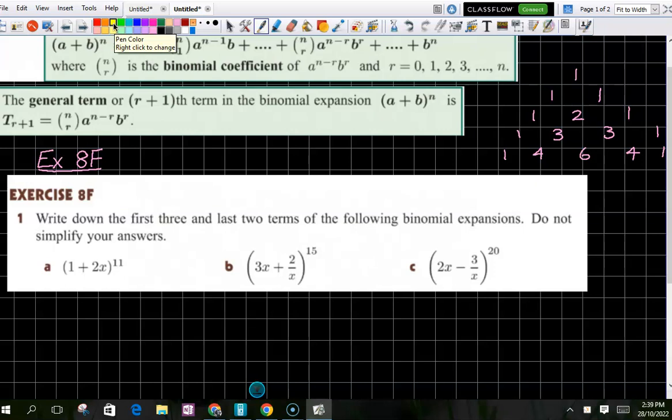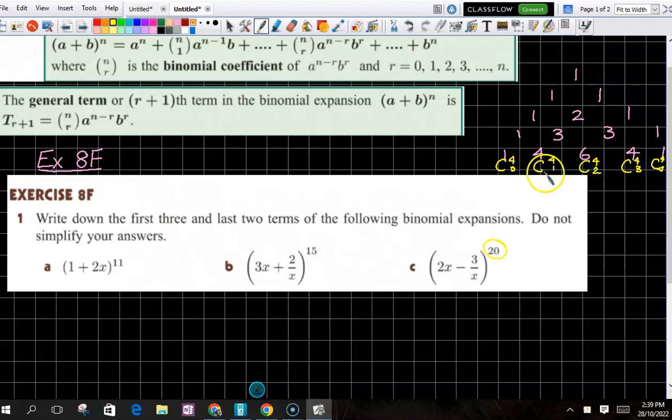So instead of having to do Pascal's triangle, so I don't want to go up to 20 rows, how does the combination stuff help us? What would this one be? 4. What would I have to type into my calc to actually get that value? Using the combinations, this one is C4 1, this is C4 0, this is C4 2, this is C4 3, and this is C4 4.